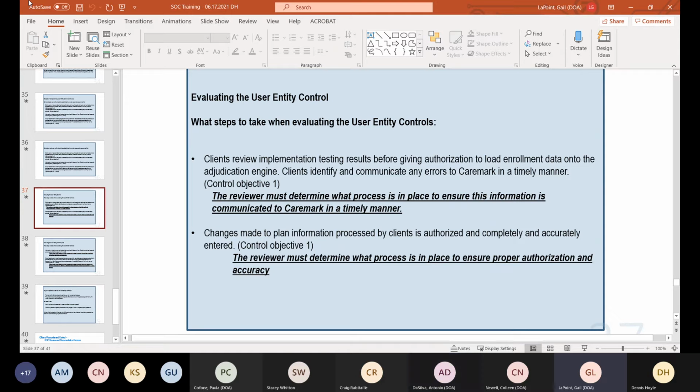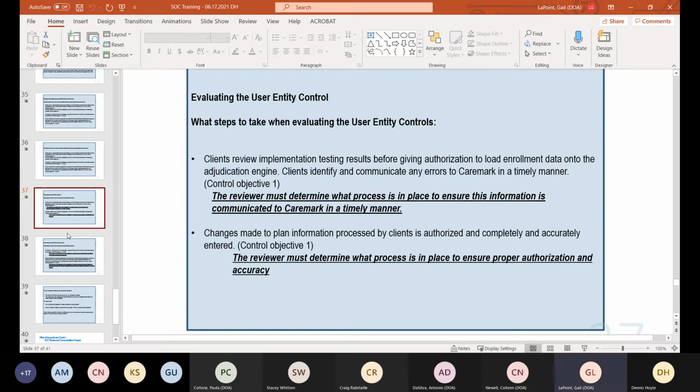The reviewer must determine what process is in place to ensure that this information is communicated to Caremark in a timely manner. What do we have in place that will make sure that what we are doing is going to cover this objective? The controls are made to ensure the information processed by clients is authorized, completely, and accurately entered.